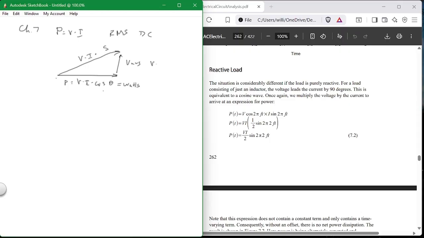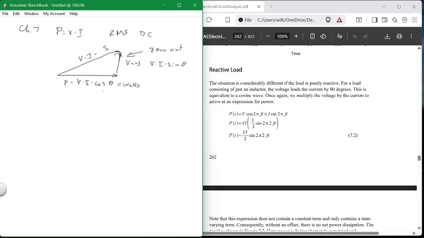This is V times I times sine theta. This is what you put in, and you don't get a dime back of anything from this. You get zero out. But this is what you have to put in order to get this thing to work.